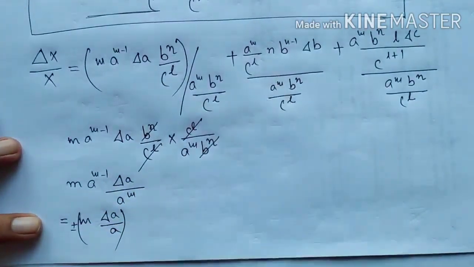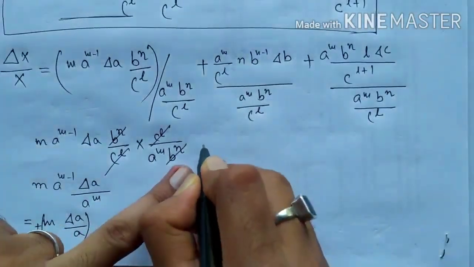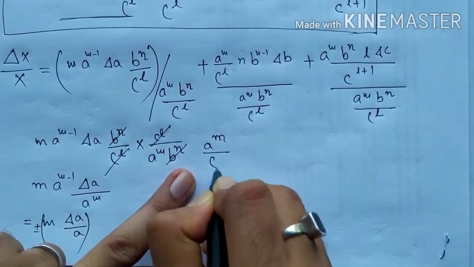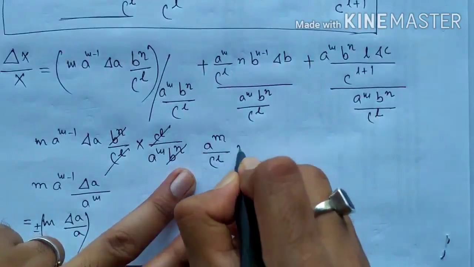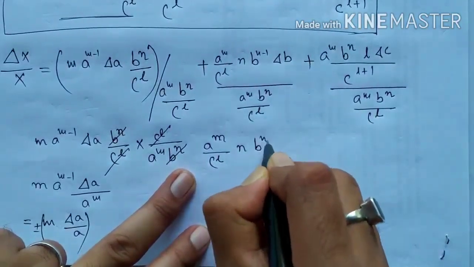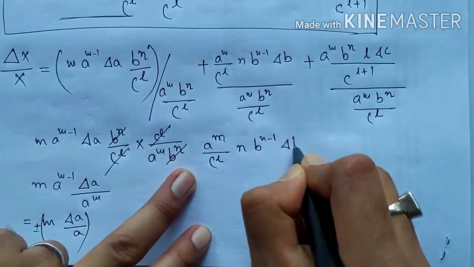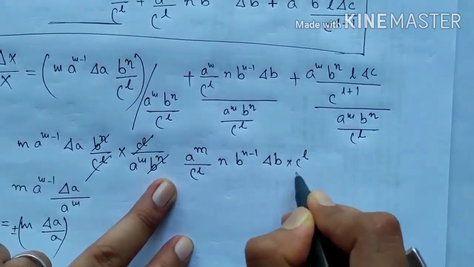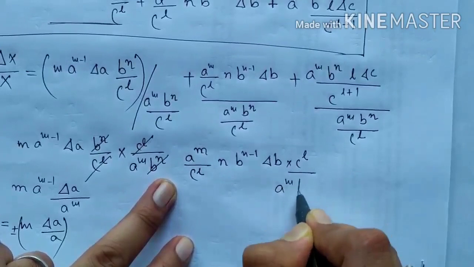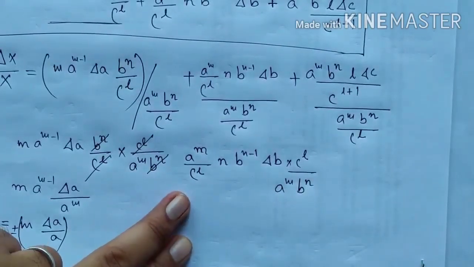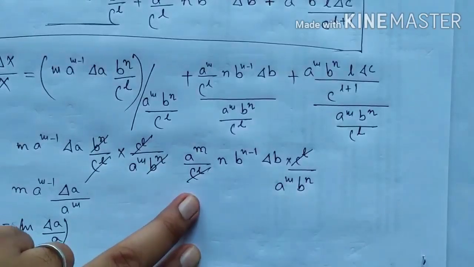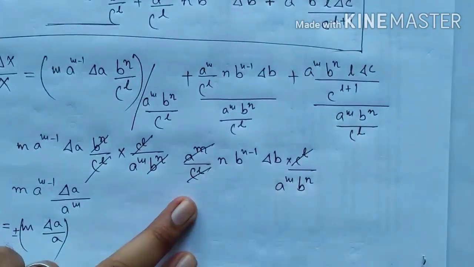Now let us do the second term. It will be a to the power m, c to the power l n b to the power n minus 1 delta b divided by this. That means multiplied by c to the power l, a to the power m, b to the power n. So this c to the power l will get cancelled, a to the power m will get cancelled.